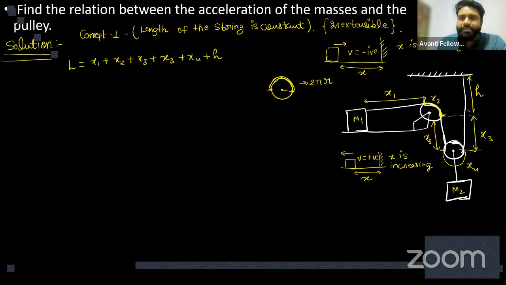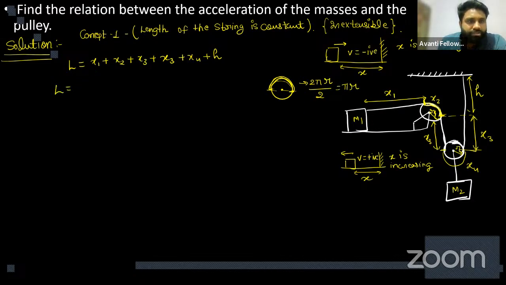Let's say the radius of the pulley is r, and both the pulleys are the same. Okay, r, r. So what about this length? This is just half of the circumference. So it is 2 pi r by 2, which means pi r.